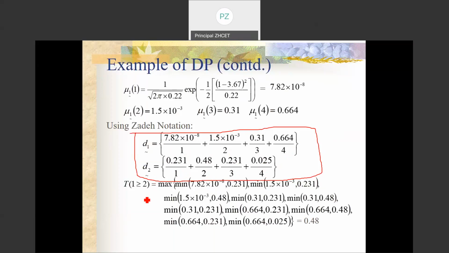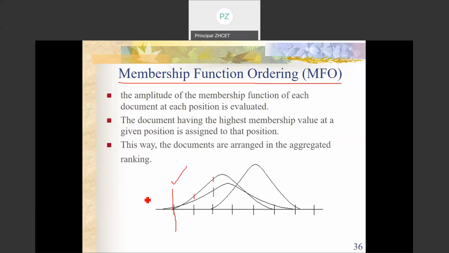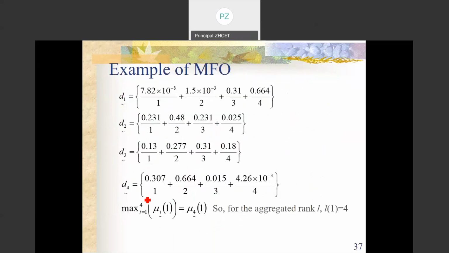But in order to apply membership function ordering, we will have to find such a distribution of membership across positions for all the documents. So in this slide, we see that we have got it for all the participating documents across the 4 positions. First of all, we look at position 1.